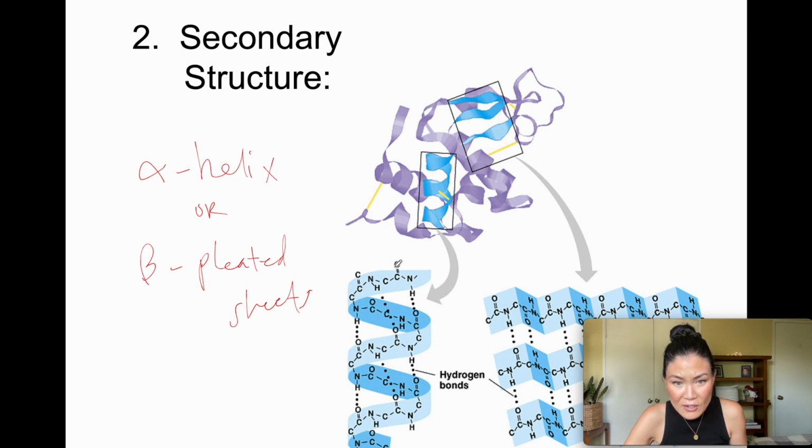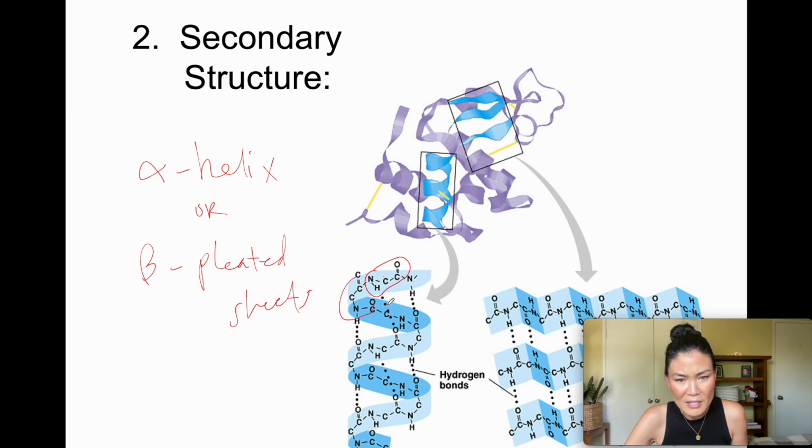So here is the amino acid. This is the amine group. See that? This is an amino acid here: amine group, central carbon atom, carboxyl group, and then this is the amine group of another one.